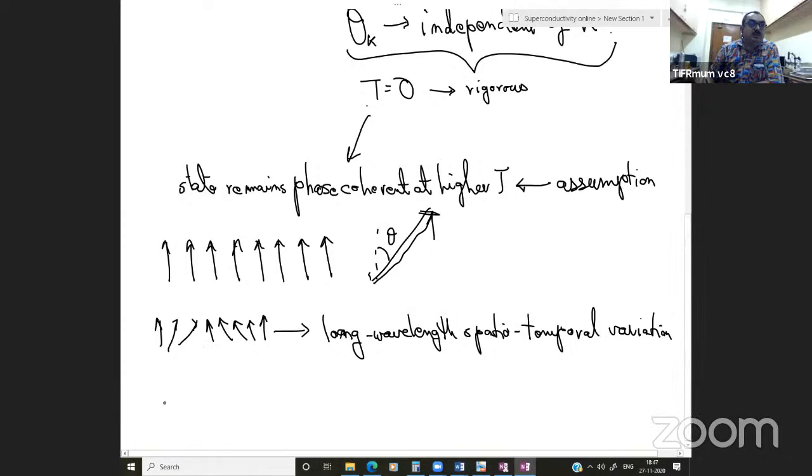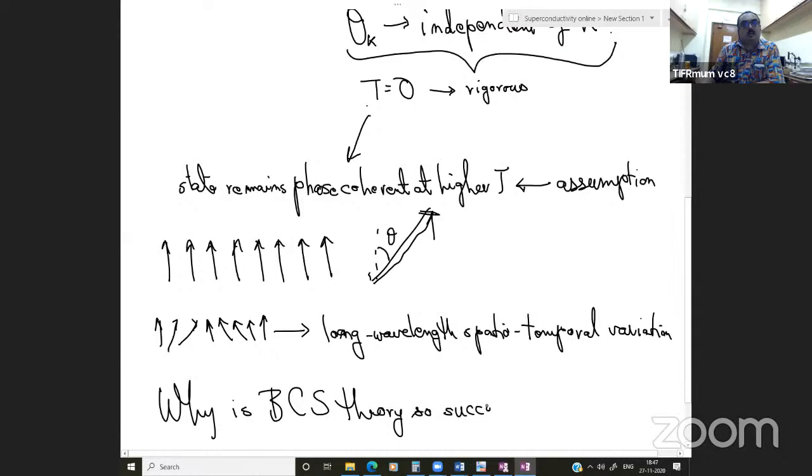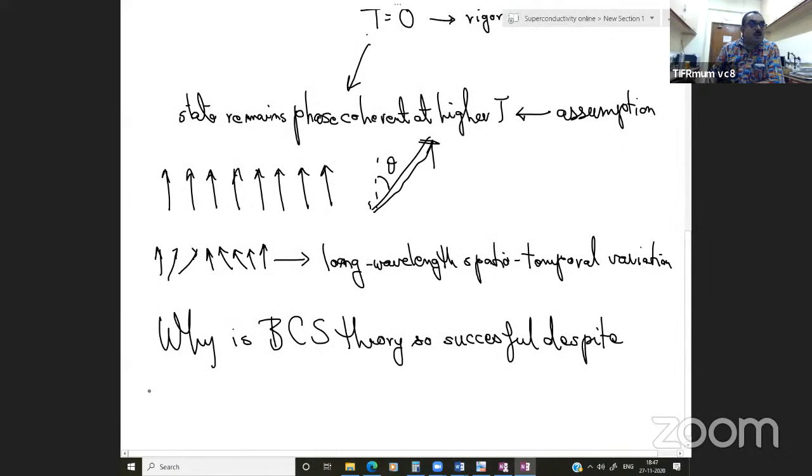So the real question is: why is BCS theory so successful despite ignoring these fluctuations?